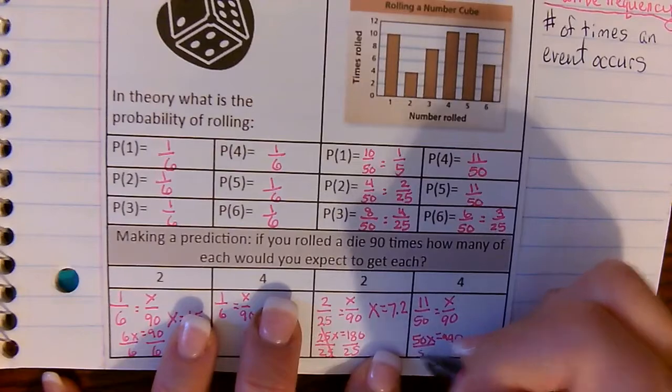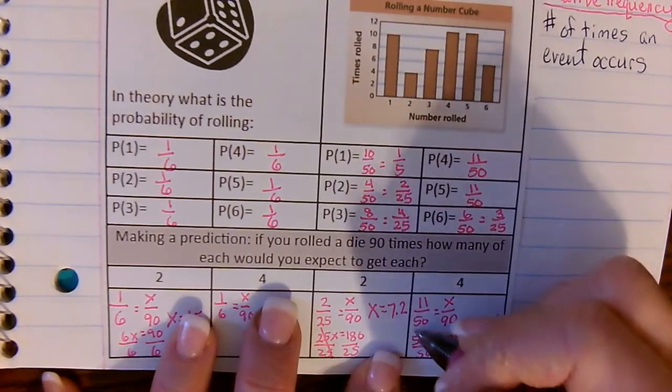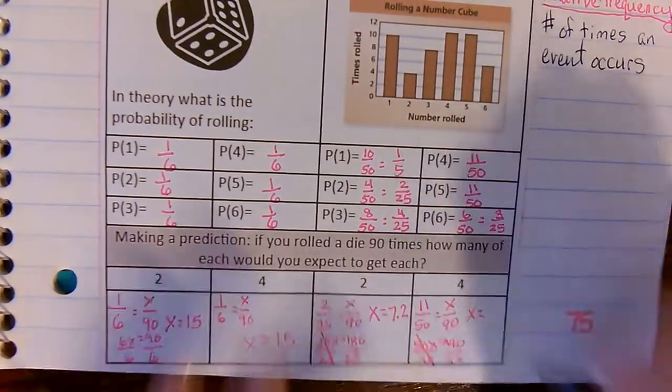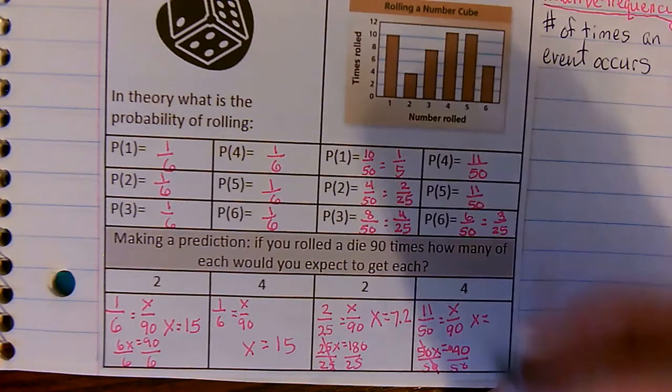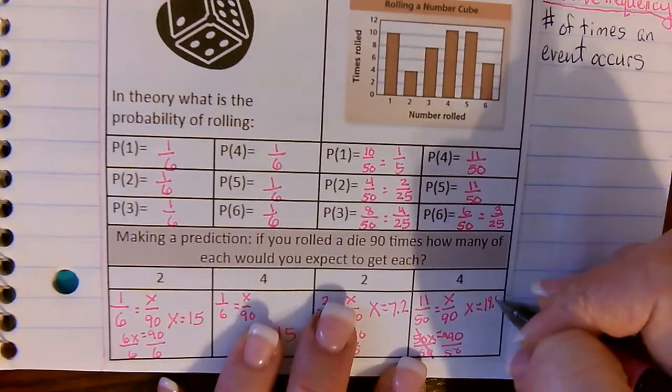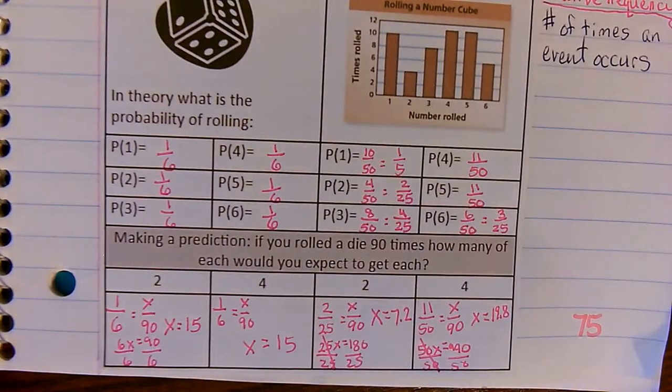We divide both sides by 50. Going to get a decimal answer again, guys. X equals 990 divide 50. 19.8 is what I get. And I'd probably round up and say it'd be about 20 times I would roll a 4.